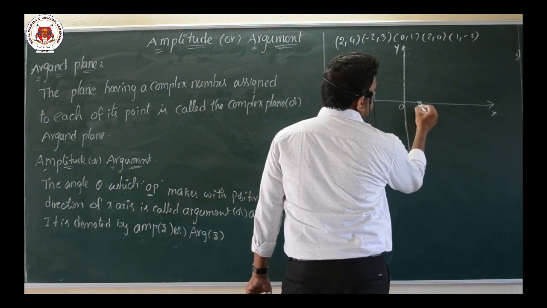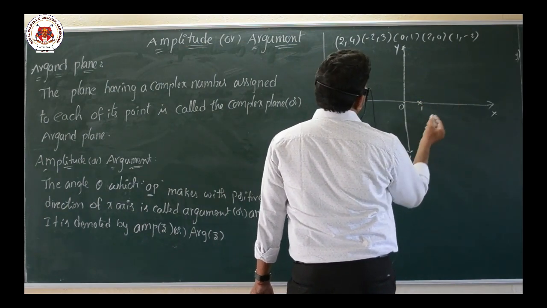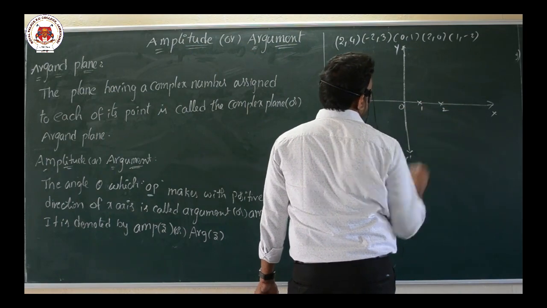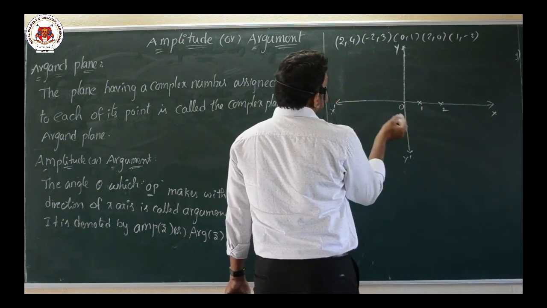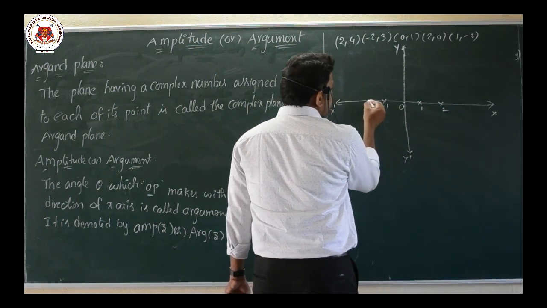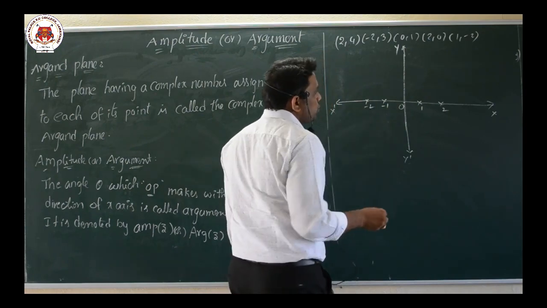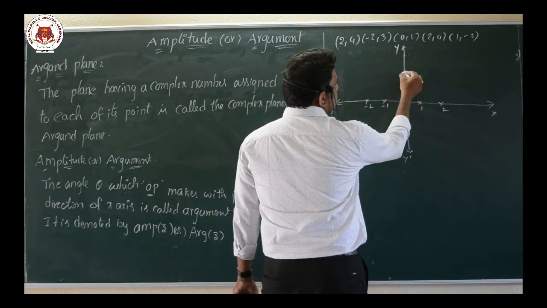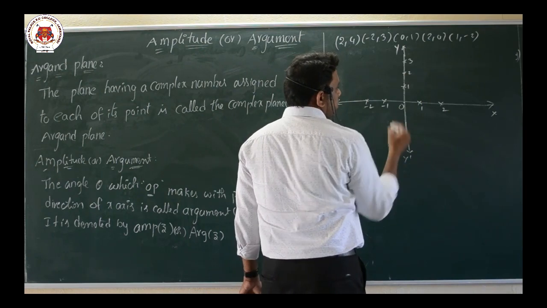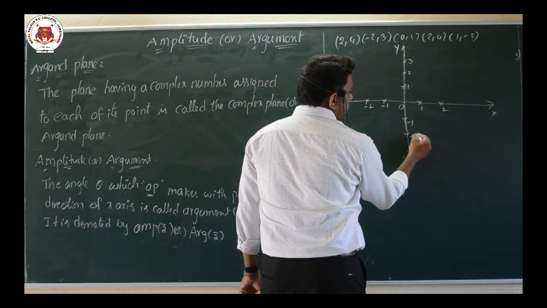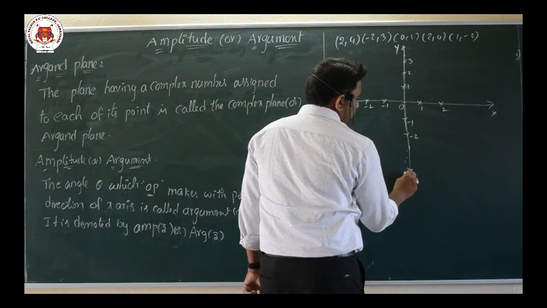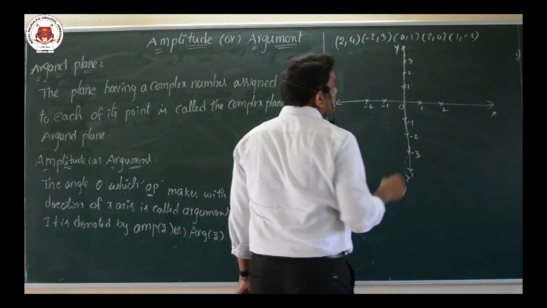On this side the x values are positive, so I am going to take the x values up to 1, 2. And here the negative x values are -1, -2. On the y-axis, this is the positive side of the y values, and here is the negative side of the y values.